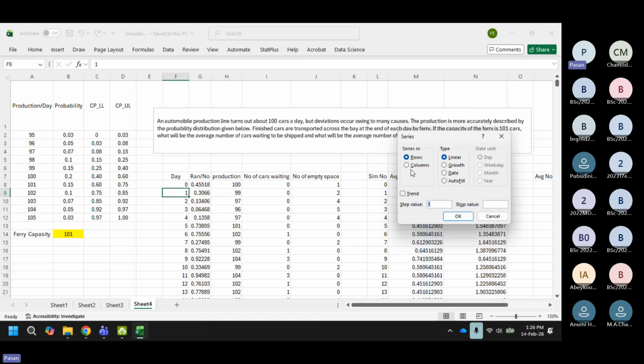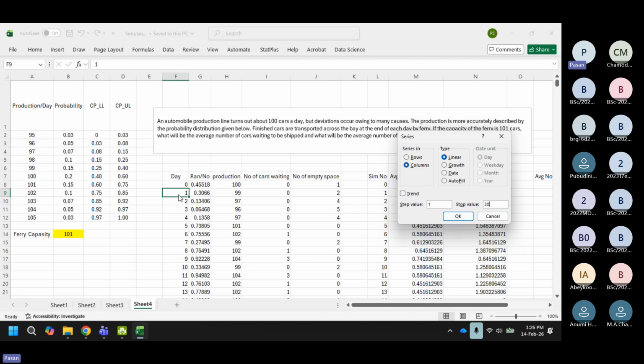I can fill it as a series in columns, and increase by a step value of 1. You can change the step value to 2, 3, 0.5 or 0.25, whatever. Then I give the stop value, up to 30, so I give 30 there and say okay, and this will increase up to 30.